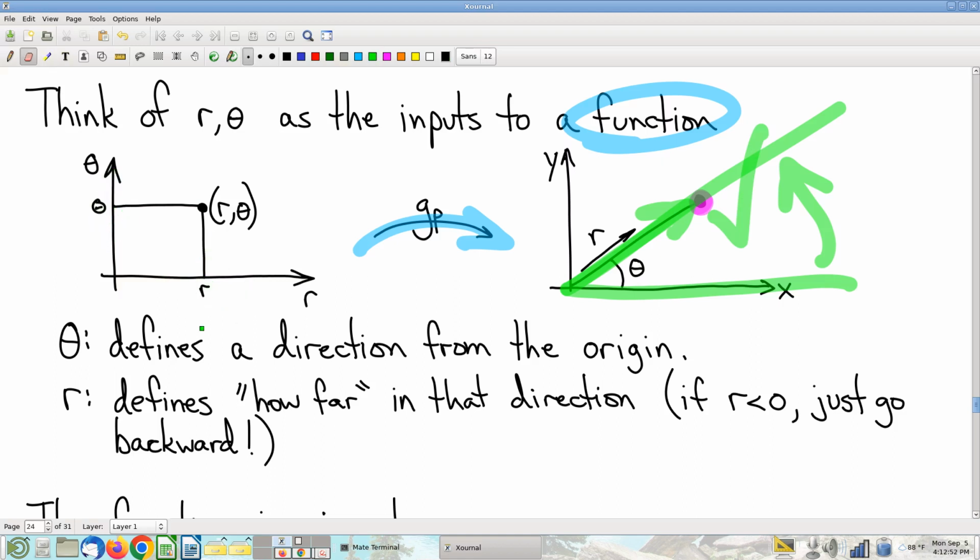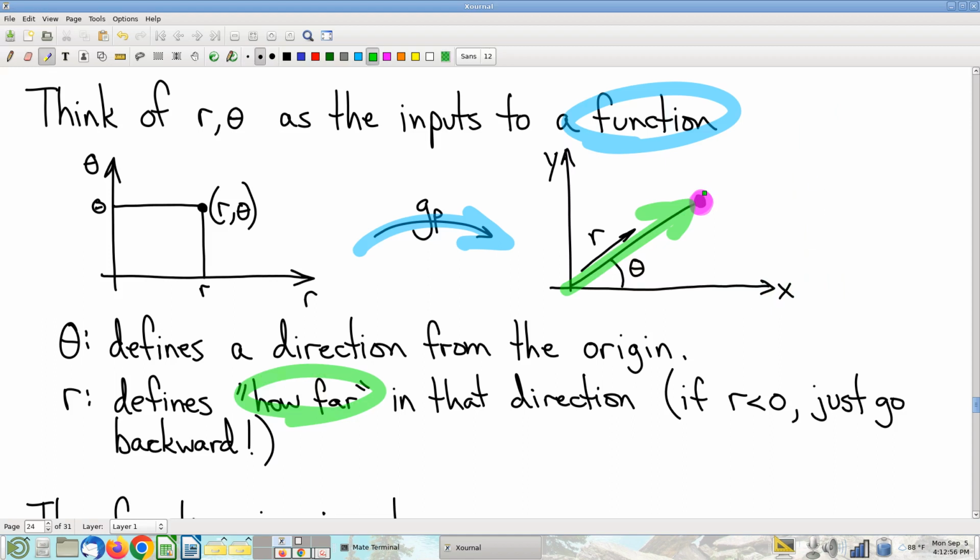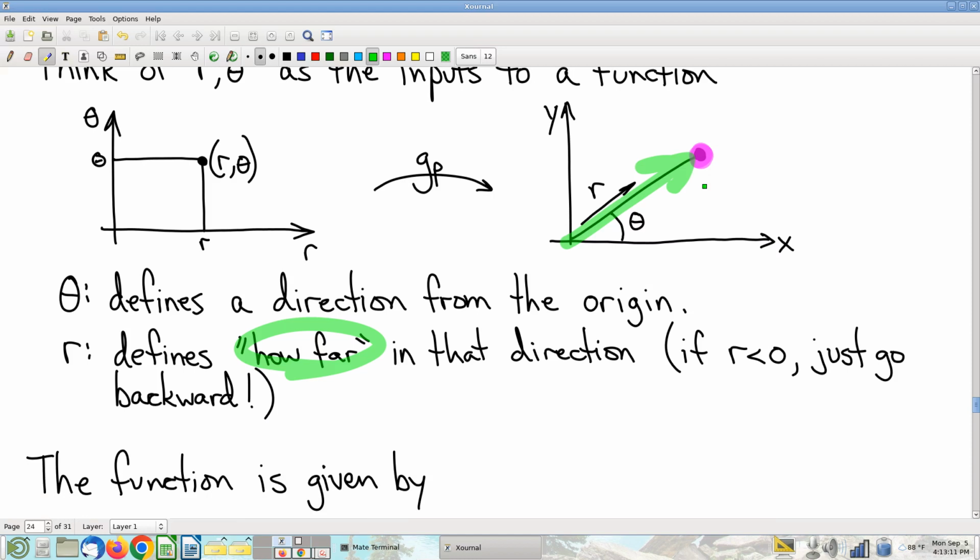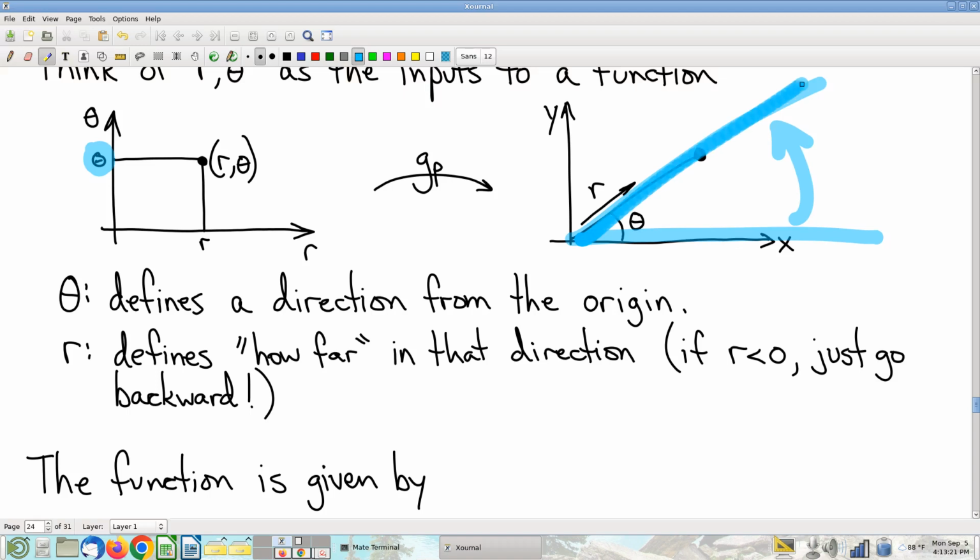Now I have to talk about how far business. Technically, how far suggests a distance. Distance is an intrinsically positive thing. R is not. R does not have to be positive. R could totally be negative. So if you have a direction theta defined like that, there's your theta direction.